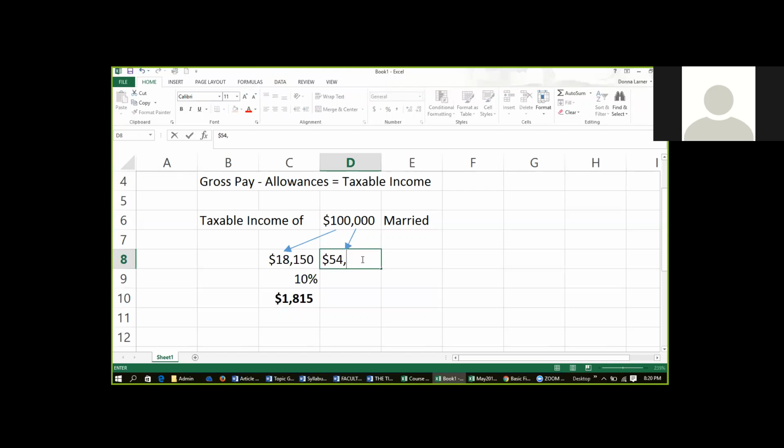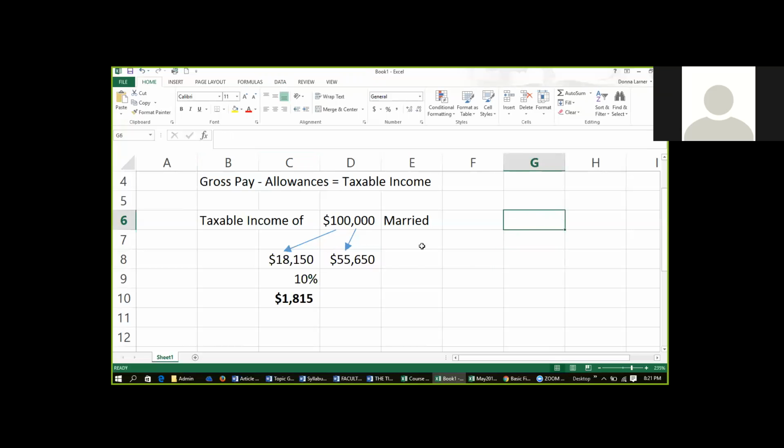Sorry, I'm doing math in my head. $650. Let me check that out. I just don't feel confident that I did that math right. 73,800 minus 18,150. 55,650. See, I told you I didn't do it right.